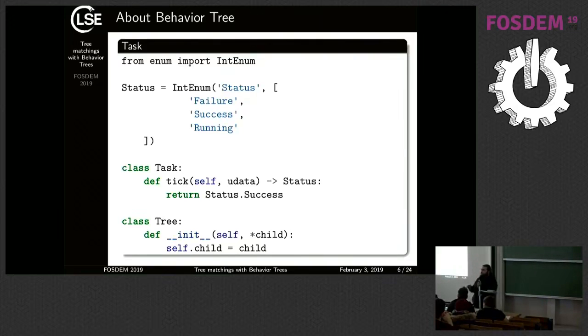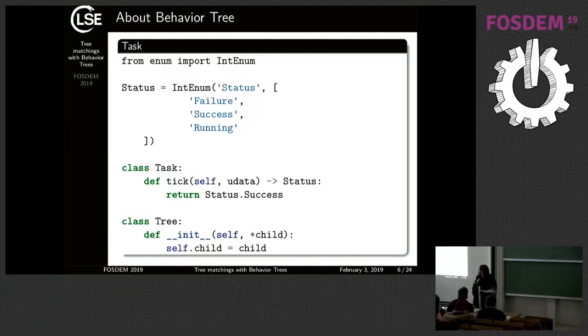But the status is not just a Boolean, fail or success. It's a special enum with failure, success, and running. So a task could say, okay, I didn't finish, so just say running, meaning you need to test me again in the next tick. After defining the task, the classical block, I will create the nodes and also the root of my tree.